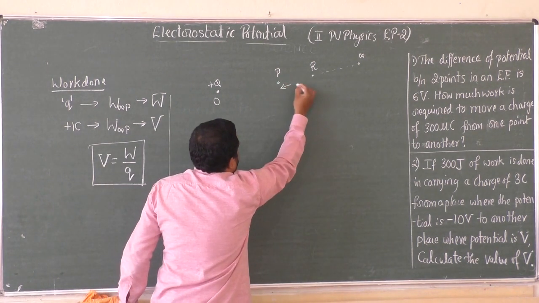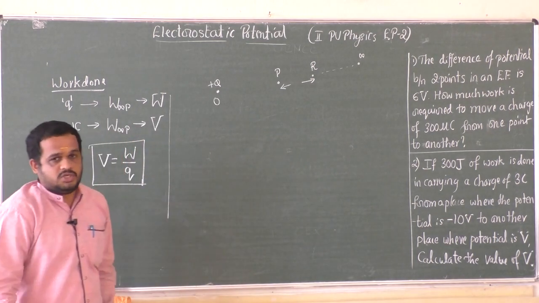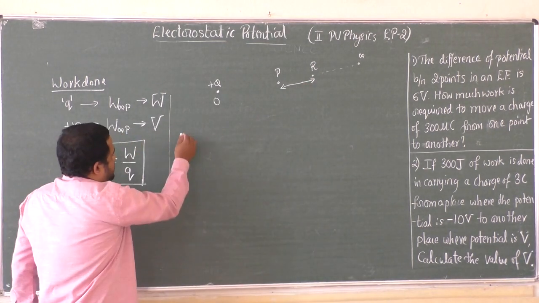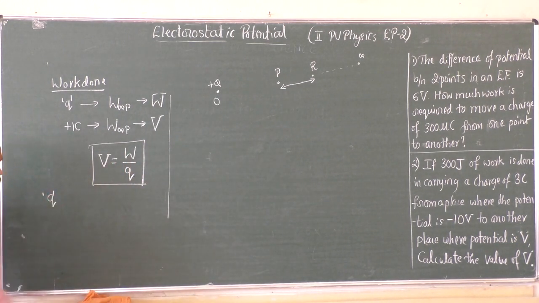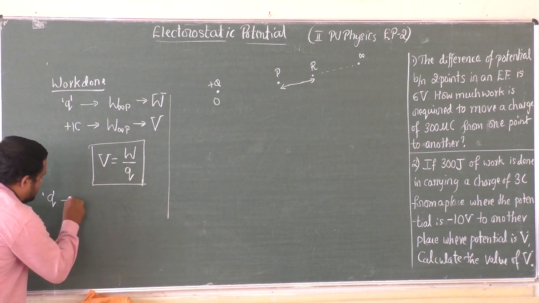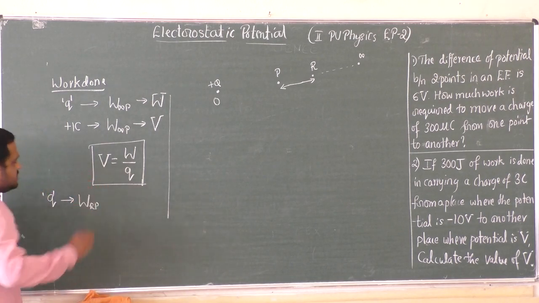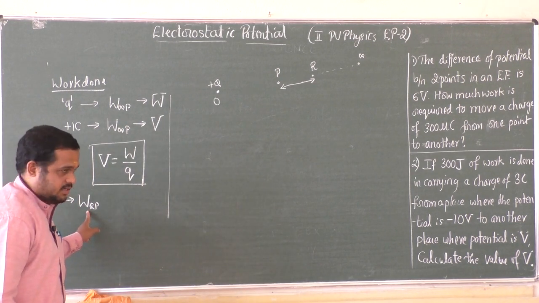Shifting the charges between 2 points where the potential energy is non-zero, that is between R and P. In case of charge of magnitude Q, the amount of work done in shifting the charge from point R to P against the electric field is W RP.